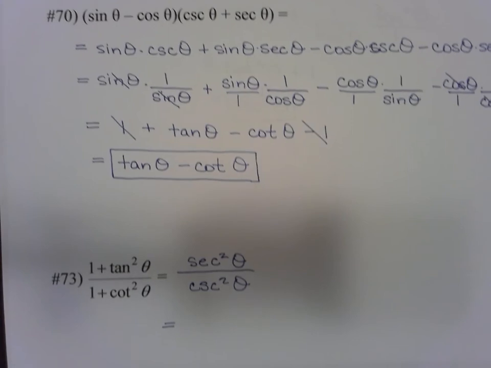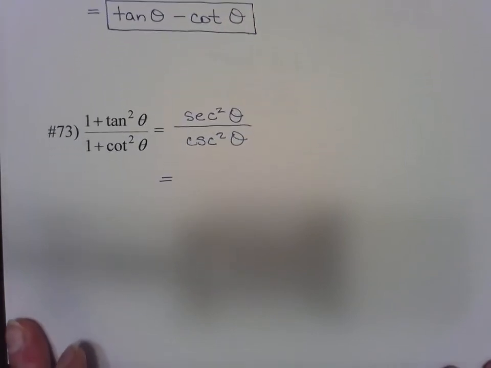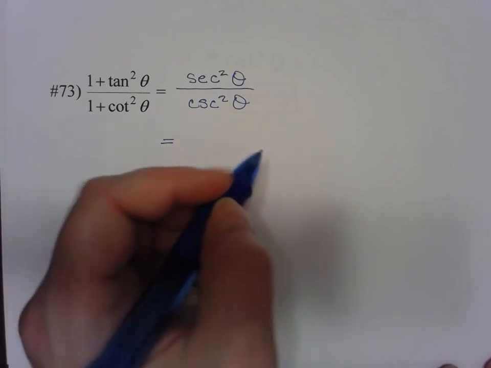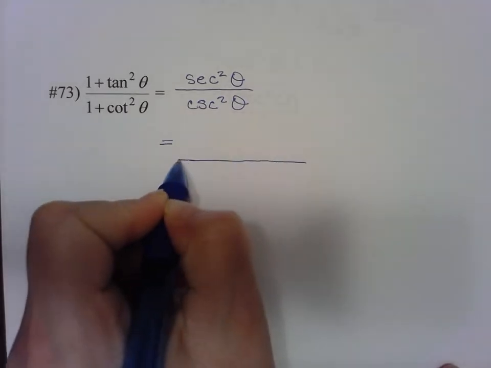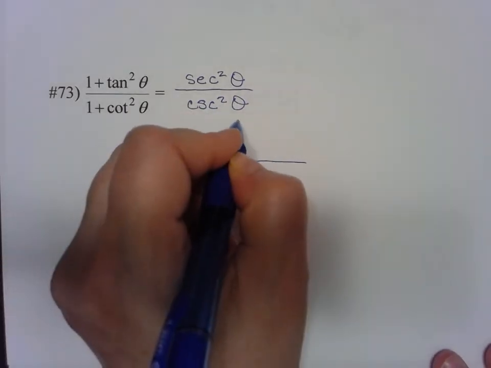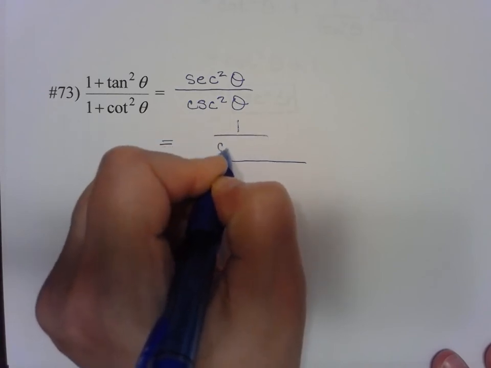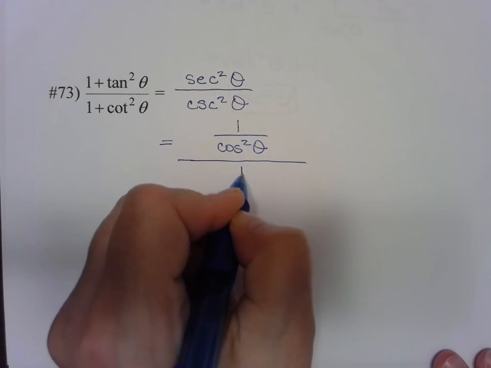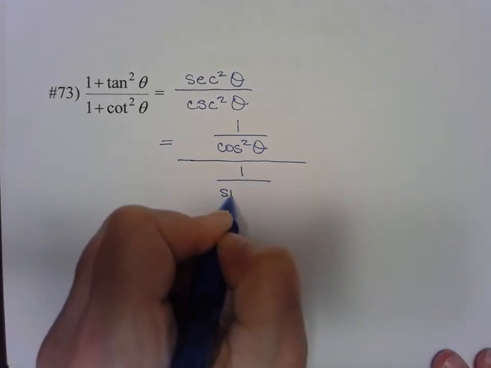Okay, if we go back to kind of what we started with on these and we rewrite it with sines and cosines, we get this sort of complex fraction, which is okay. The secant is 1 over the cosine, and the cosecant is 1 over the sine.